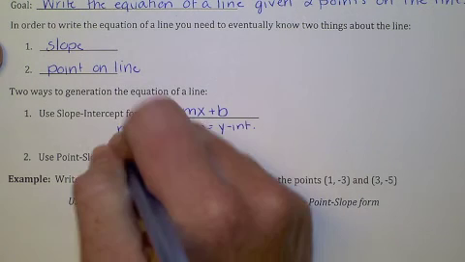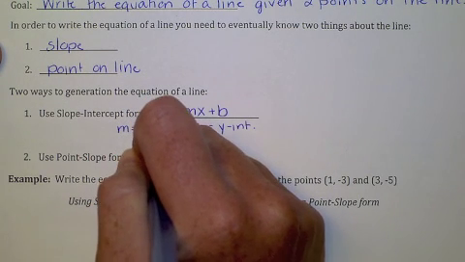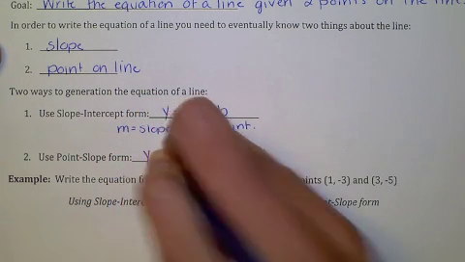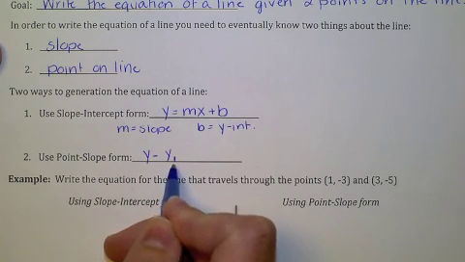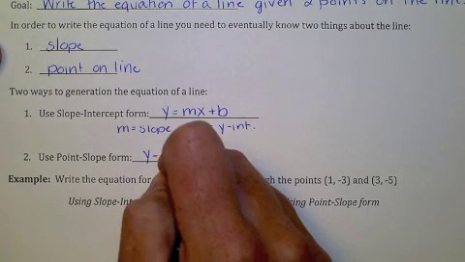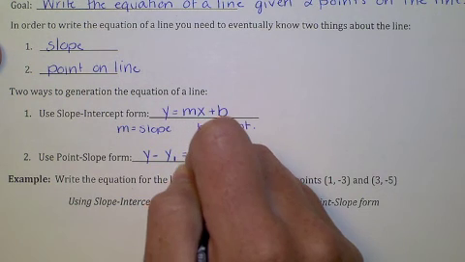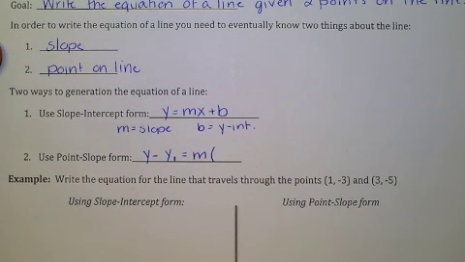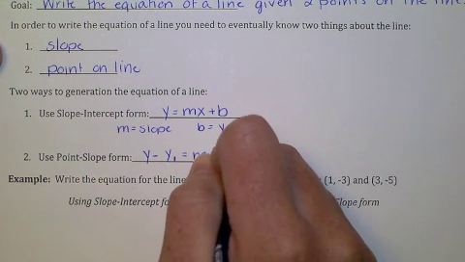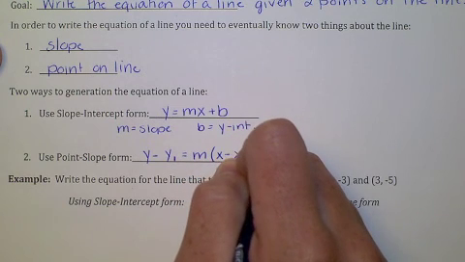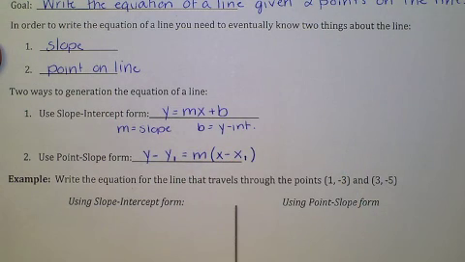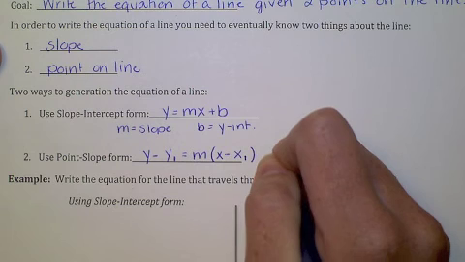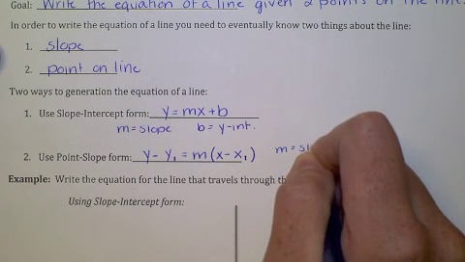There's another form or formula that you may remember from Algebra 1. It is point-slope form, and that equation is y minus y sub 1, just a little subscript there, no big deal. We'll talk about what that means. Equals m, and then we need some parentheses, and then we put in x minus x sub 1. M still means the same thing. M is still the slope.